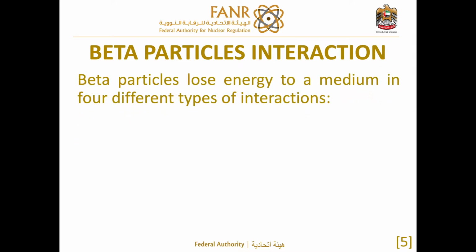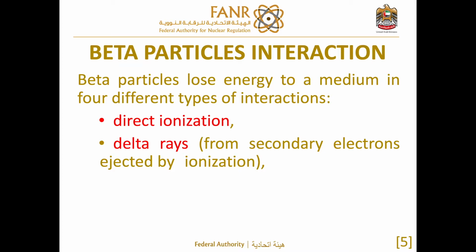During their path, beta particles lose energy in each dramatic interaction with another electron, basically with 4 different mechanisms. One is direct ionization, which means the beta particle is going to ionize, to strip one electron from a surrounding atom, by creation of delta rays.